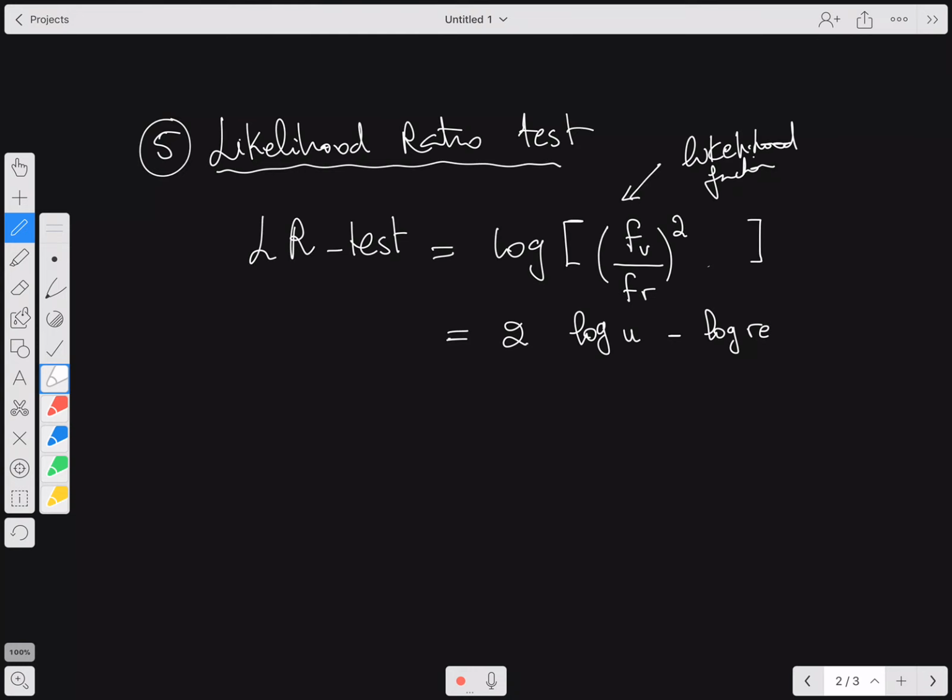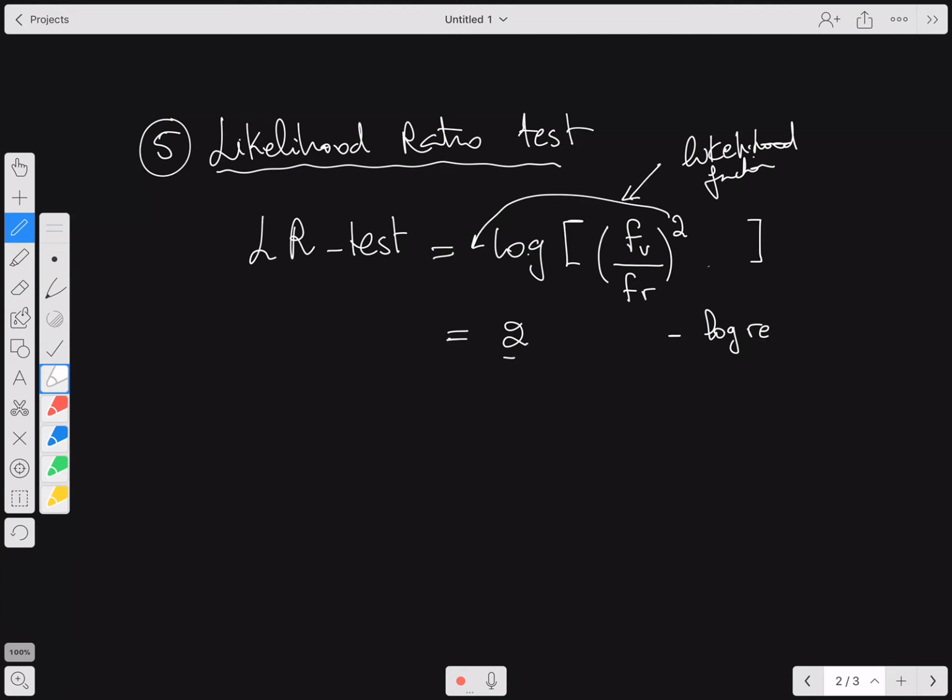Okay, that's it. So when I take this log inside, I'm going to have the 2 out front, and then log of f unrestricted. Let me be more organized.